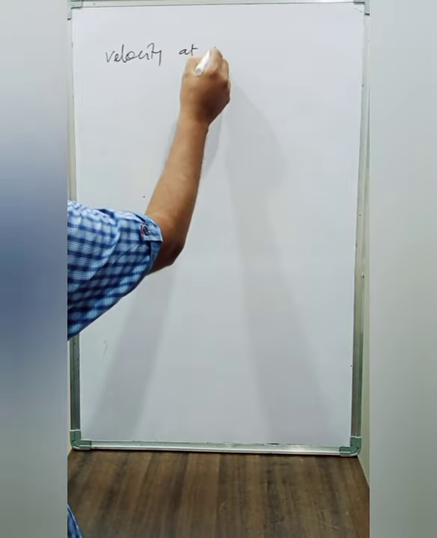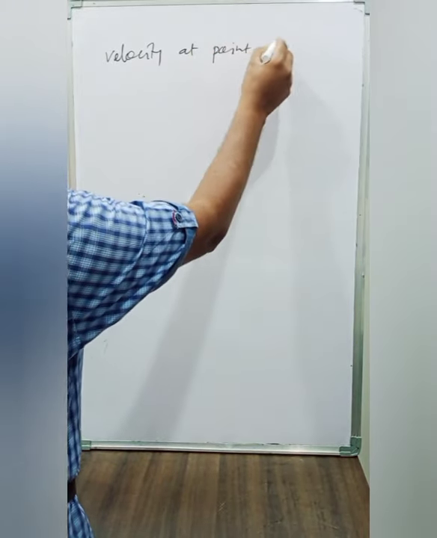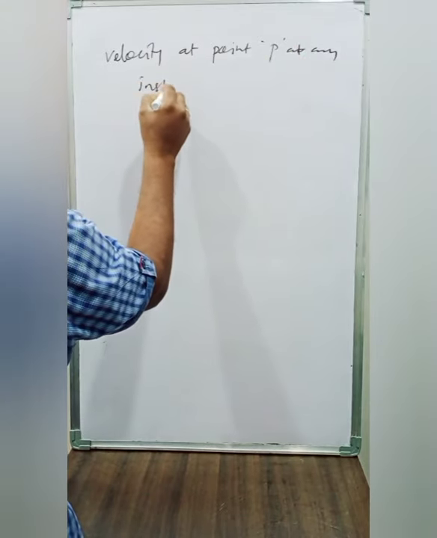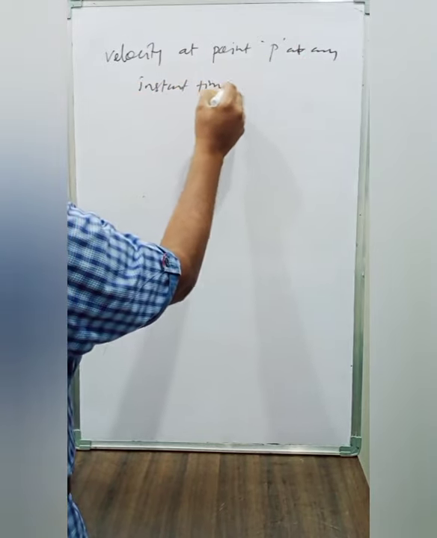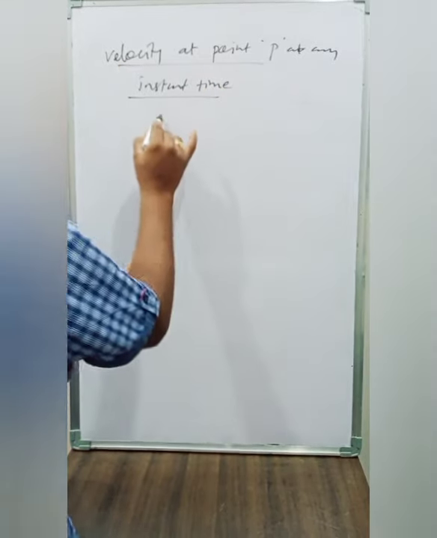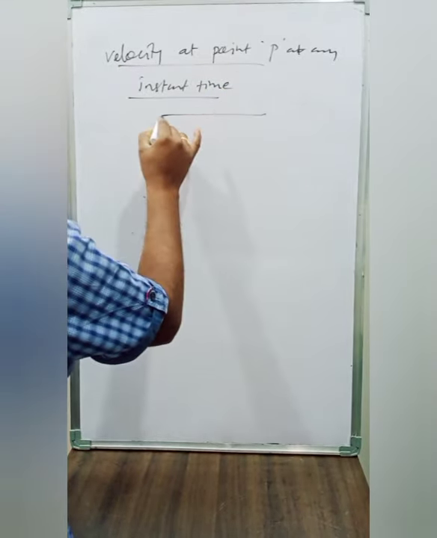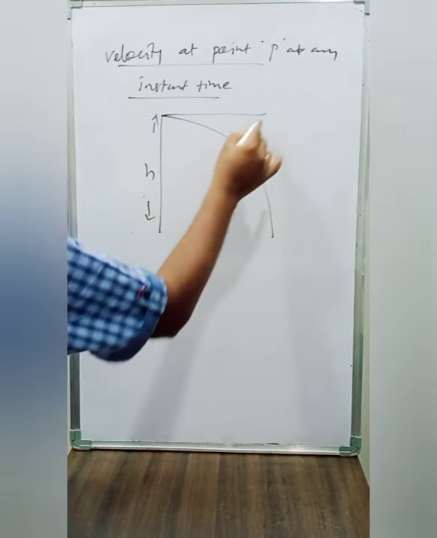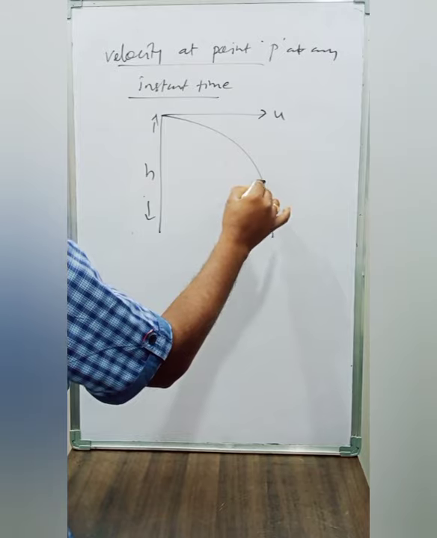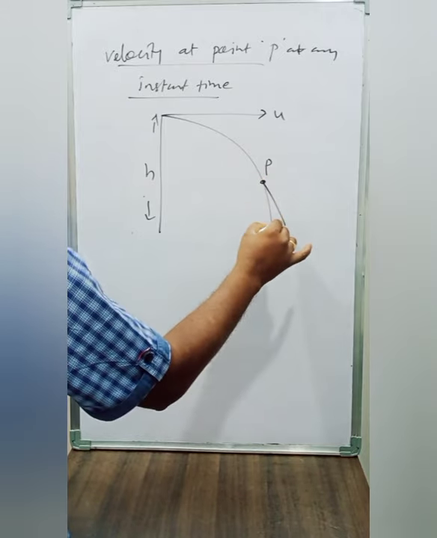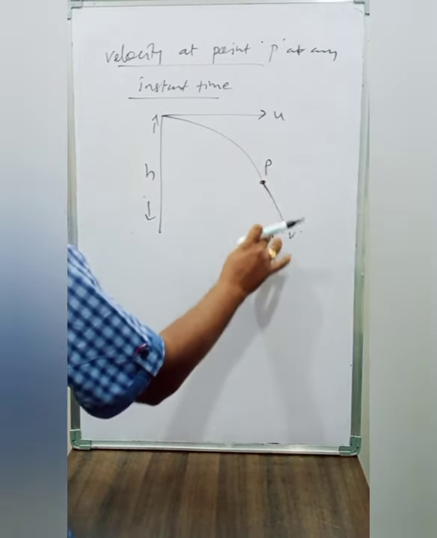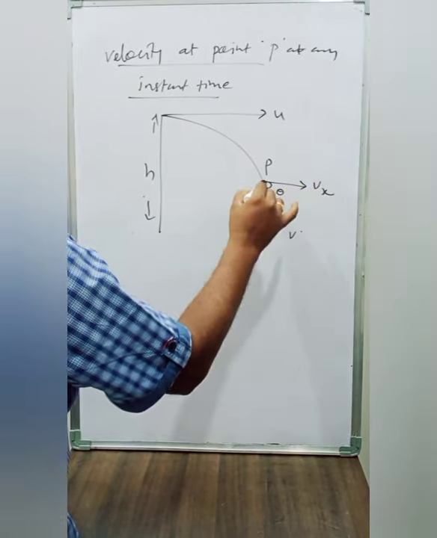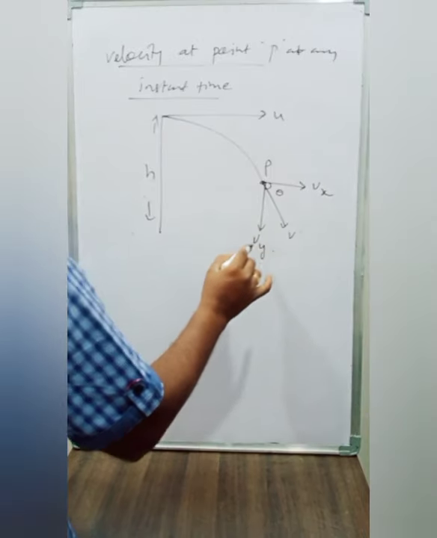Velocity at a point P at any instant of time. A projectile is projected from a height h with an initial velocity u, then reaches the point P. The final velocity of the projectile we resolve into two components: along horizontal vx, along vertical vy.